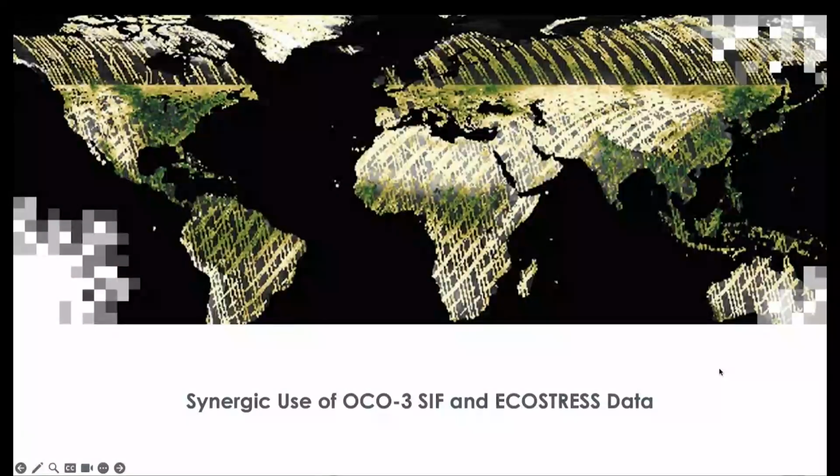Next, I will talk a little bit about the synergistic use of OCO-3 SIF and the ECOSTRESS data. The International Space Station has a suite of satellite missions that observe the Earth. ECOSTRESS is one of those that observes the surface temperature and also retrieves water stress.